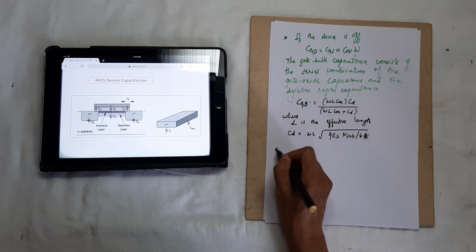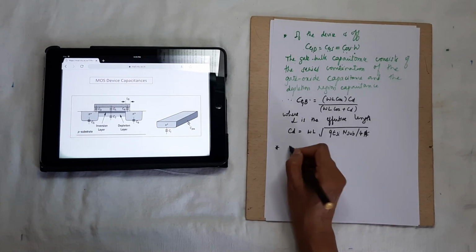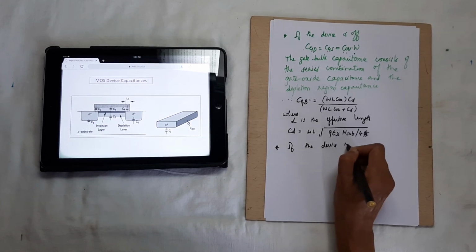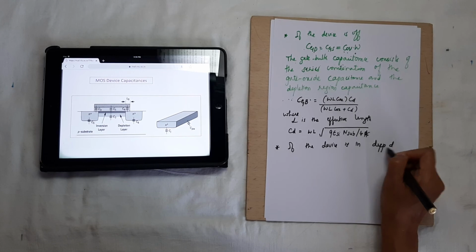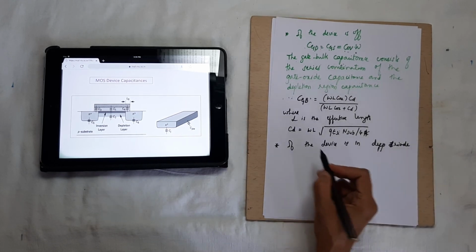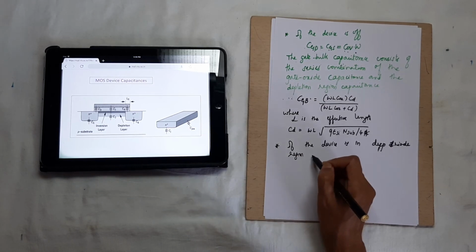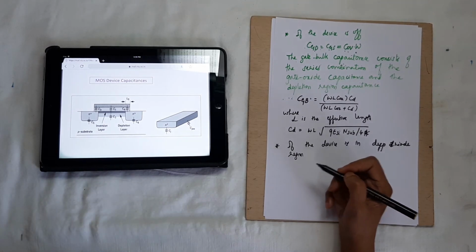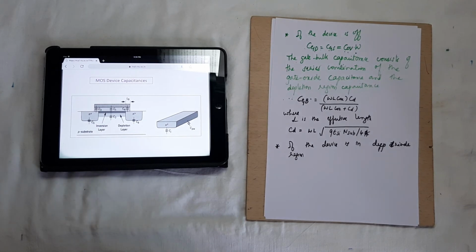Next, if the device is in deep triode region, it means that the inversion layer is formed between the source and the drain.